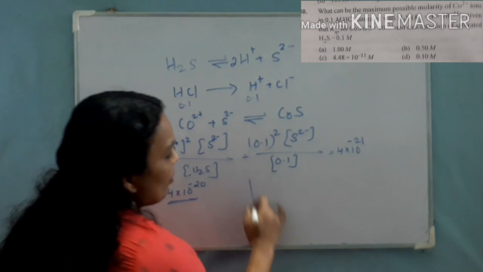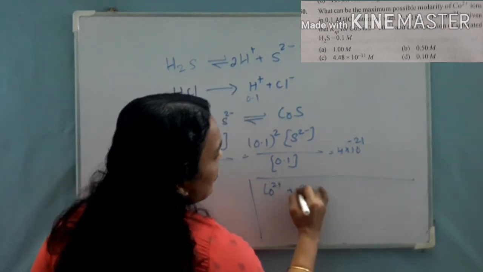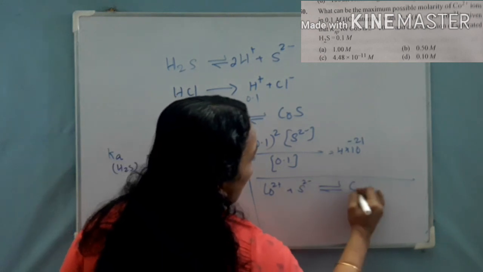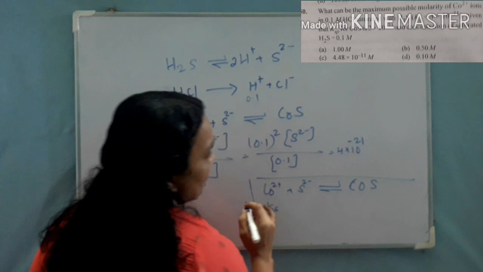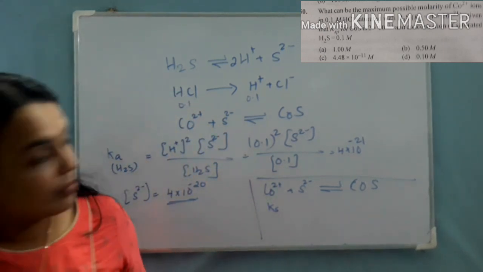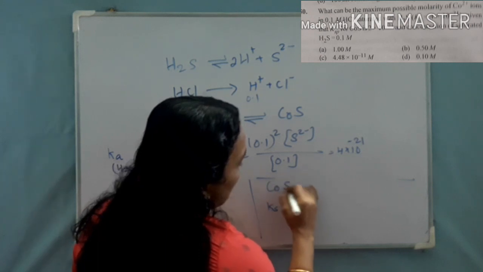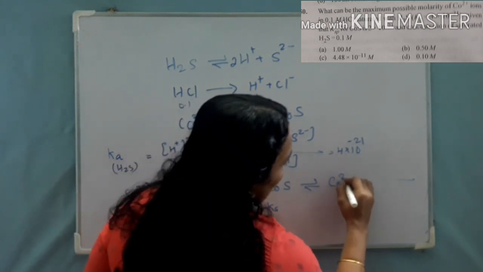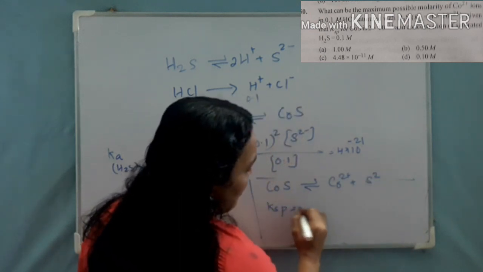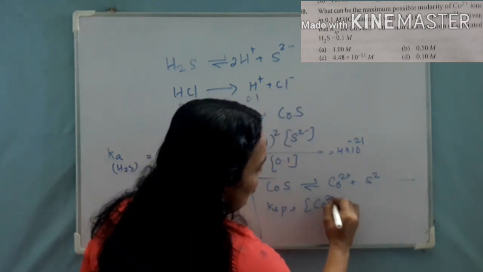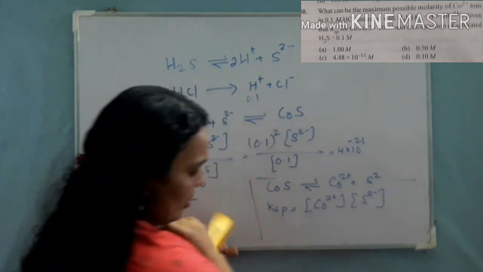Then what is the next equilibrium present in the solution? Co2 plus plus S2 minus giving CoS. Then what is KSP? Or we can write CoS dissociated to Co2 plus and S2 minus. KSP is equal to molar concentration of Co2 plus into molar concentration of S2 minus.